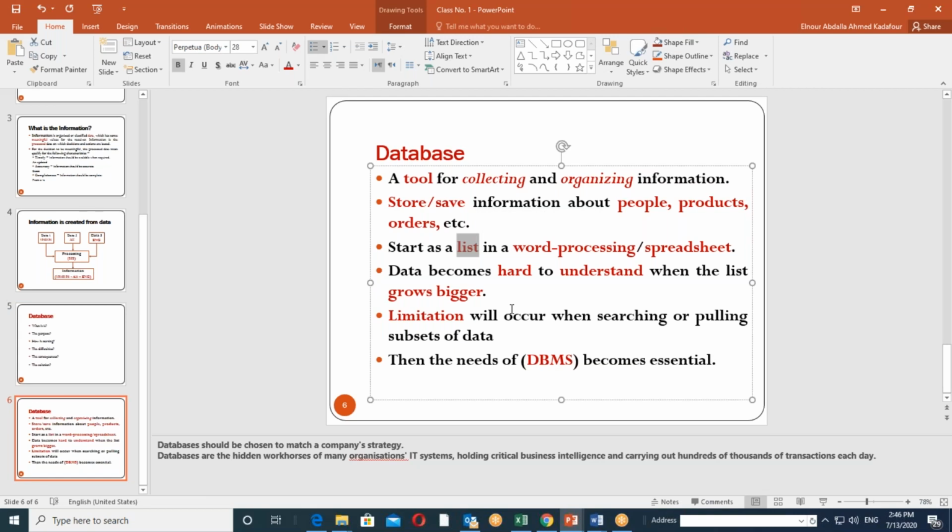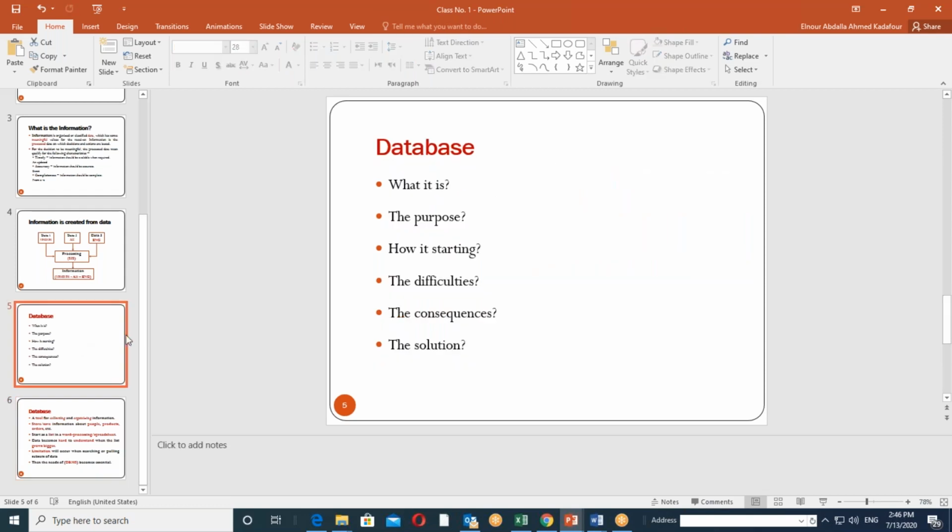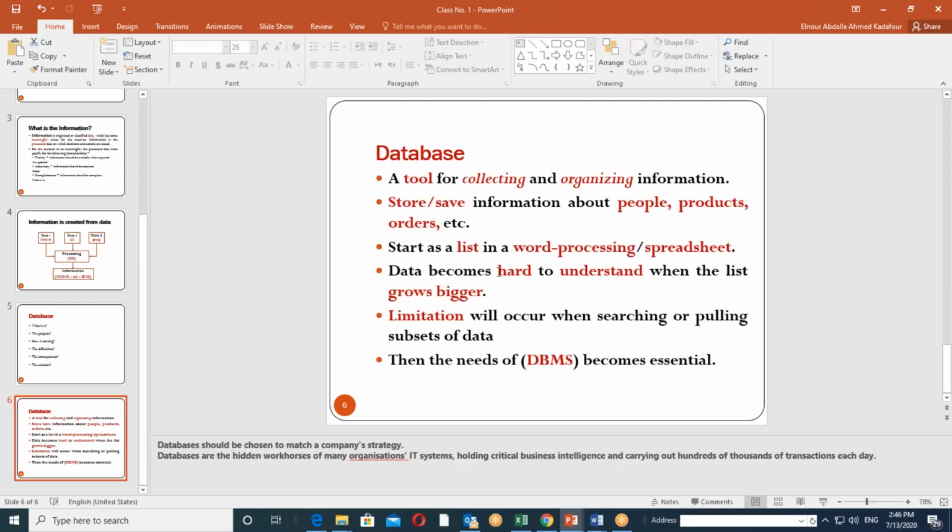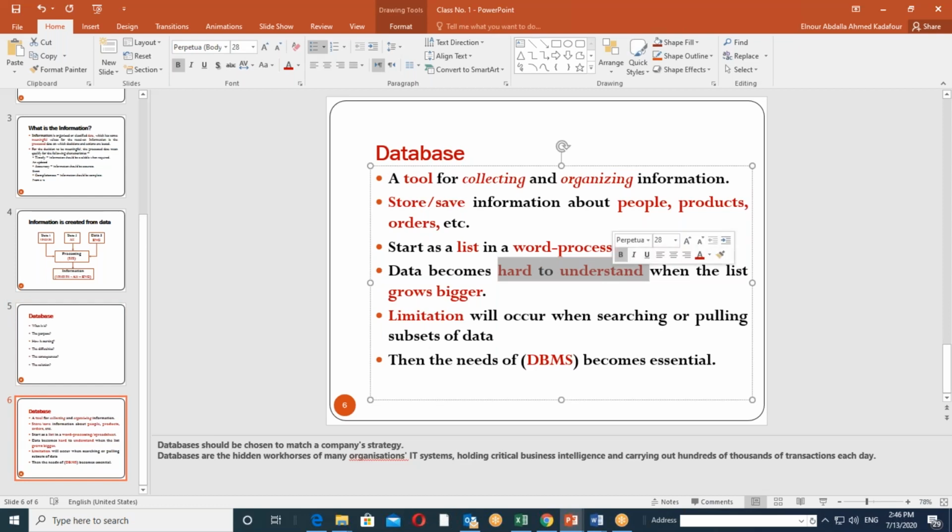Then you have to think whether this list can be a database. Why? Because later this list will have some difficulties. It will be very hard to understand, especially when I have more columns and more rows. This we call growing of the list.